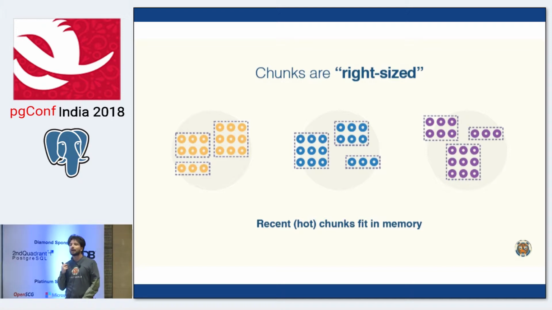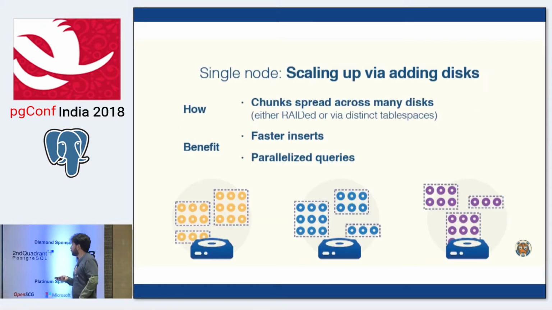And this is exactly what allows us to get around this problem of B trees swapping in and out of memory, because most of the time you're writing to recent chunks, and if the recent chunks now fit in memory, it doesn't matter what your data set size for the rest of your older chunks was, because they don't need to live in memory now. And now your B tree lives in memory, and you avoid this swapping behavior I described before.